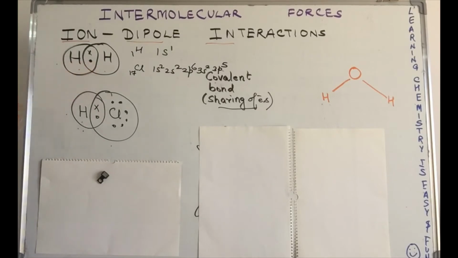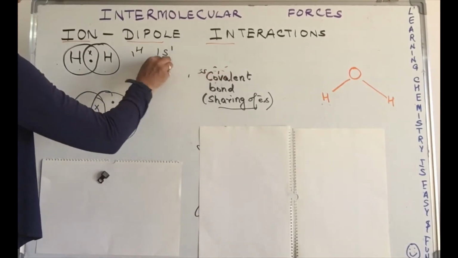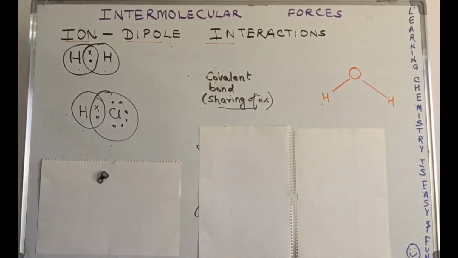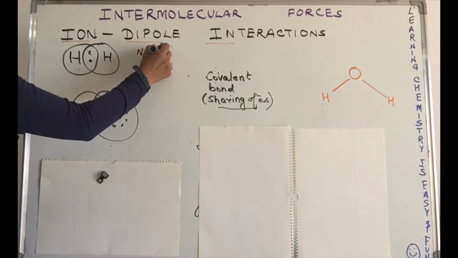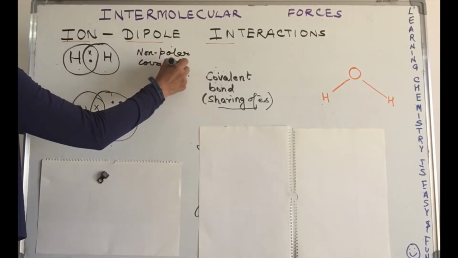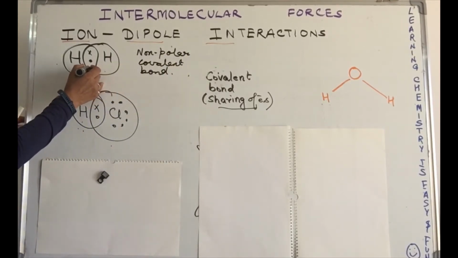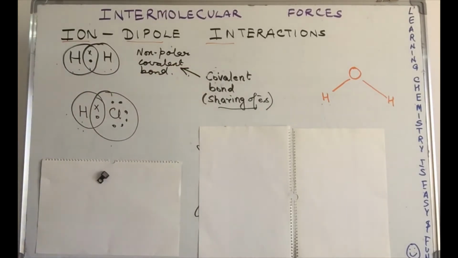Here both the hydrogen atoms are of the same level, right? So they are friends of the same level. There is nobody who is more bossy than the other. So they form what we call a non-polar covalent bond, wherein the shared pair of electrons belongs equally to both the atoms involved in bond formation.